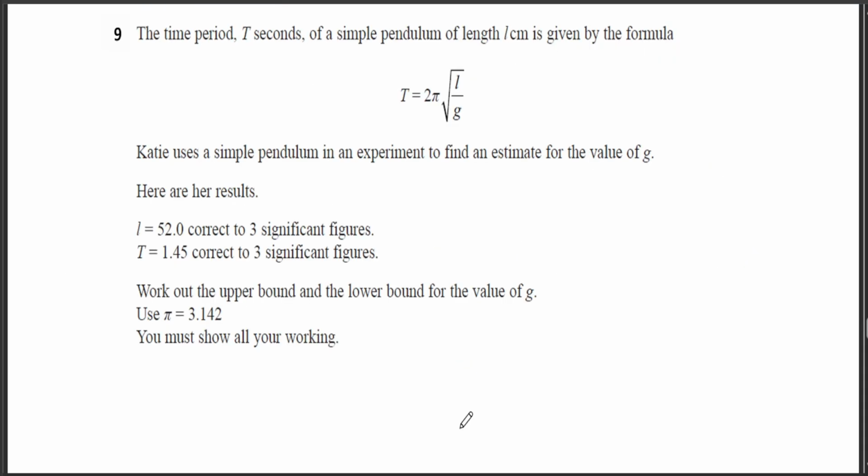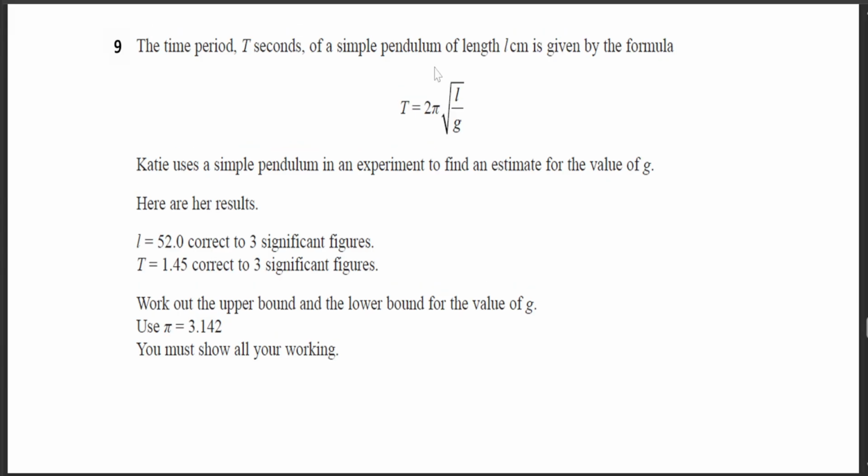Question 9. The time period t seconds of a simple pendulum of length L centimeters is given by the formula t is equal to 2 pi root of L over g.